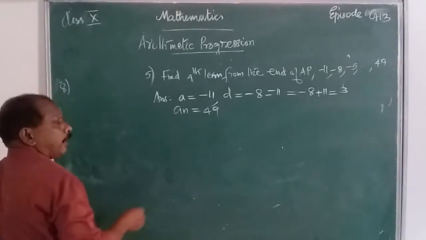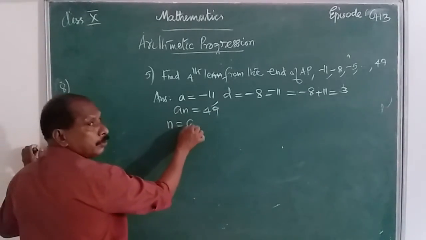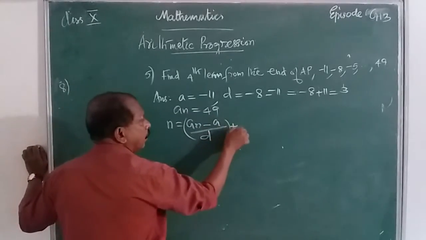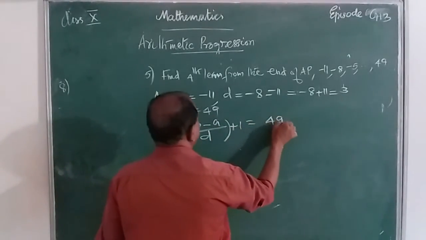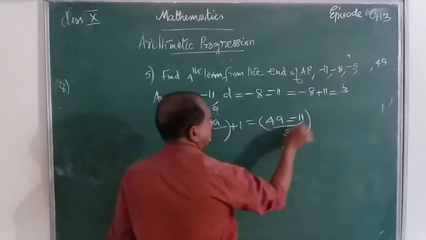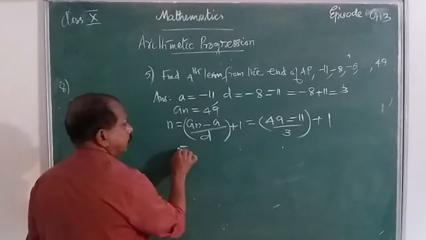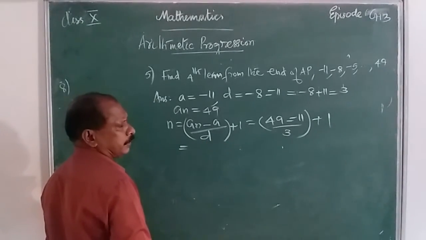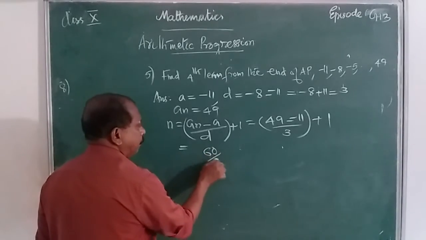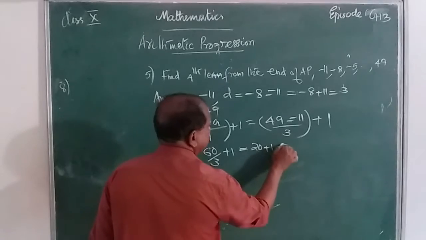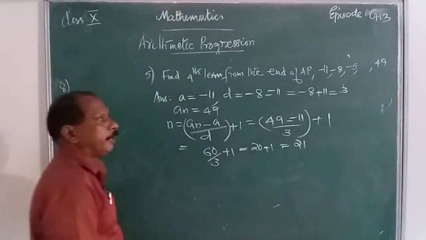Then we can find the number of terms. n is equal to (l minus a) by d plus 1, is equal to 49 minus minus 11 by 3 plus 1. 49 plus 11 is 60. 60 by 3 plus 1 is equal to 20 plus 1.